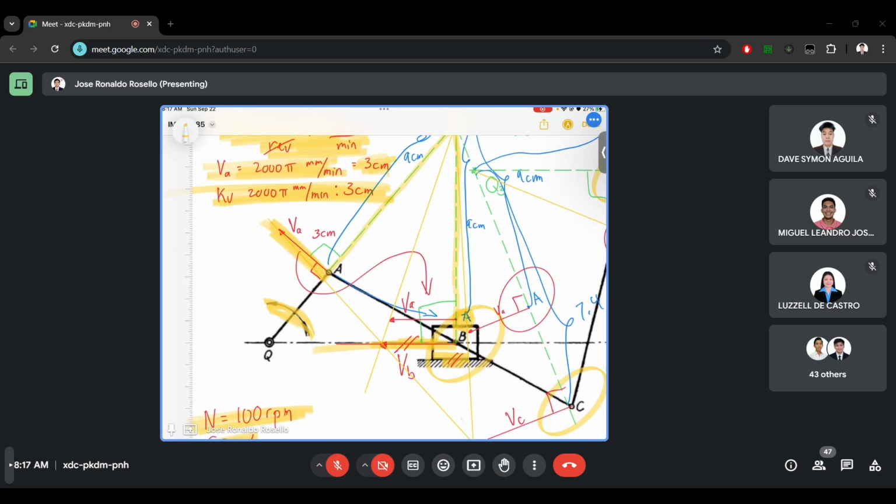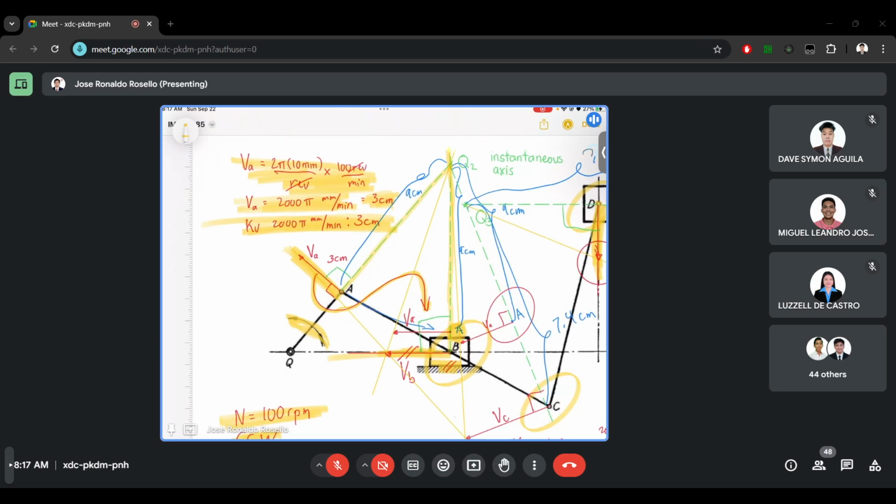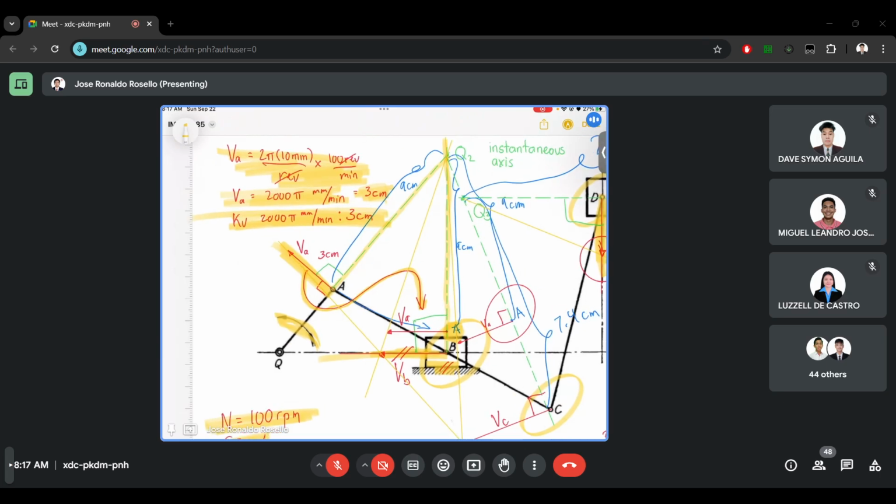Then, if we copied the point A to this line, we will also copy the vector, which is 3 centimeters long. Once we have copied this vector, we will make a similar triangle proportionality just like this one. It will intersect at the end of point A of vector VA, and it will make similar triangles.